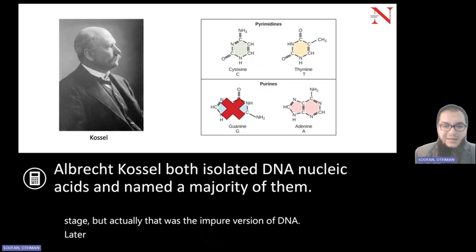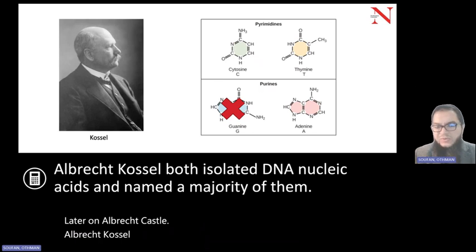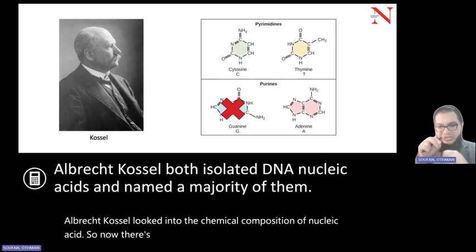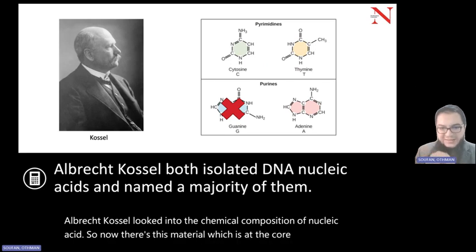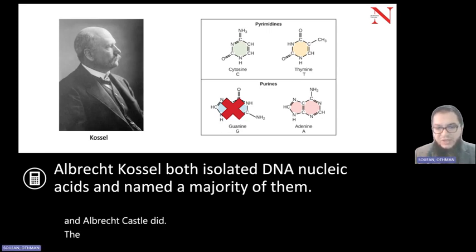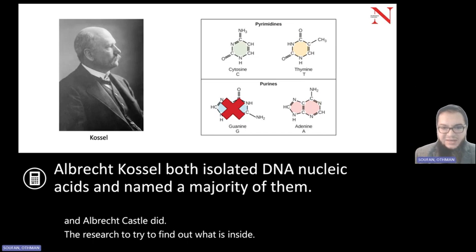Later on, Albrecht Kossel looked into the chemical composition of nucleic acid. So now there's this material which is at the core of the cell, and Albrecht Kossel did the research to try to find out what is inside that material.